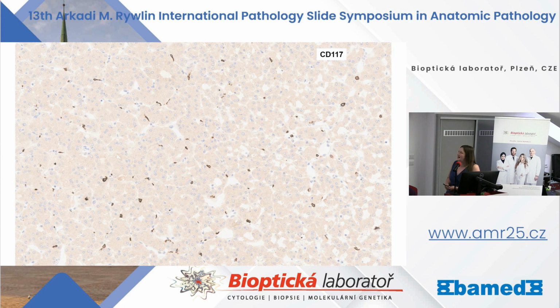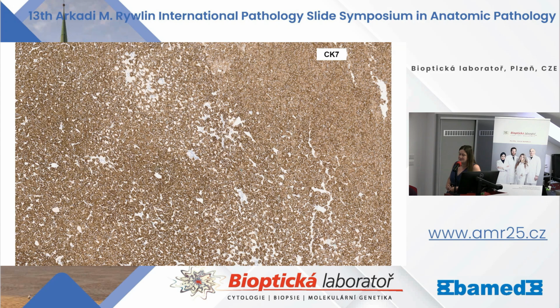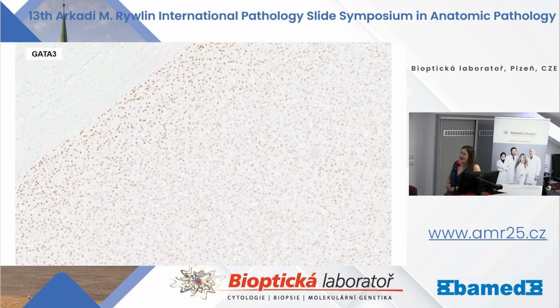However, again, we can use some limited immunohistochemical panel. So here you can see CD117, which is completely negative. You can see the positive internal control in the mast cells. Then you can see CK7 positivity, diffuse positivity, which is characteristic for this tumor. And from newer markers, GATA3 positivity.